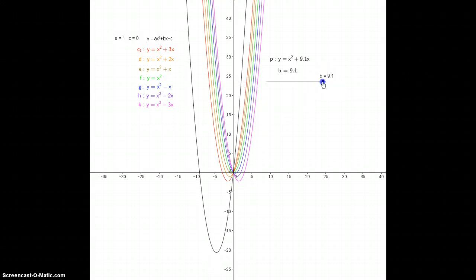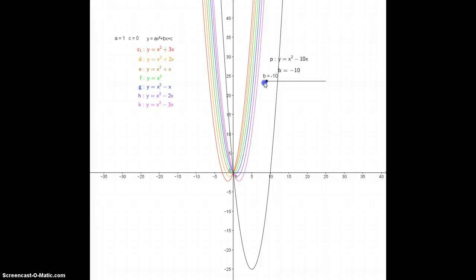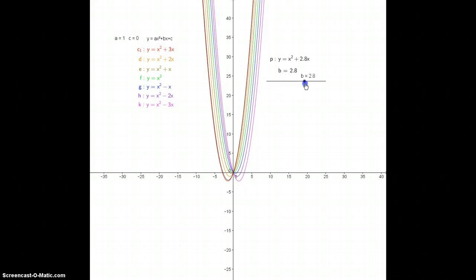As we decrease b, we start heading towards the right. We pass through 0, and we start heading off to the right some more. So that further proves that our conjecture of as b increases, the graph shifts to the left, and as b decreases, the graph shifts to the right.